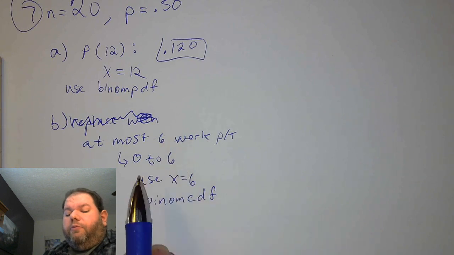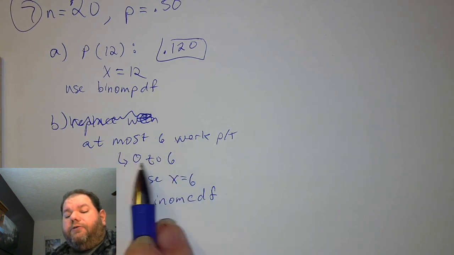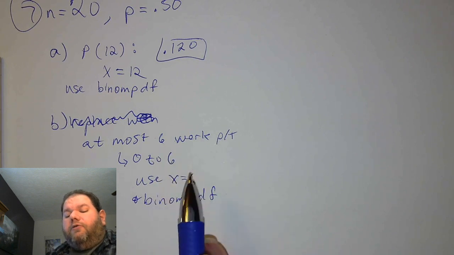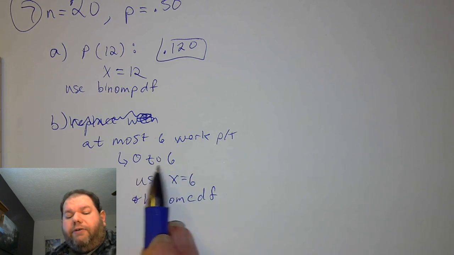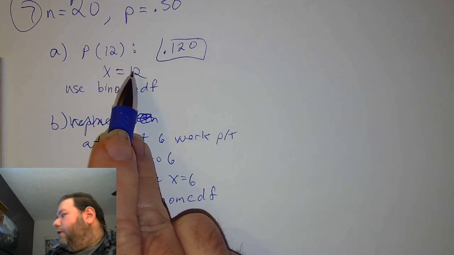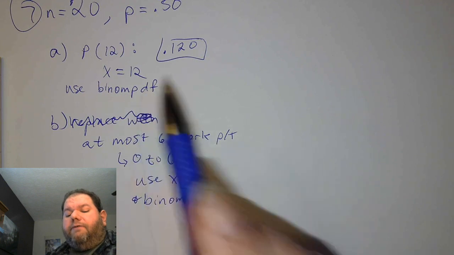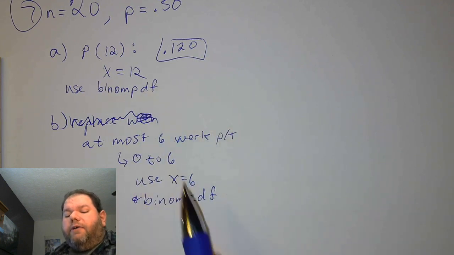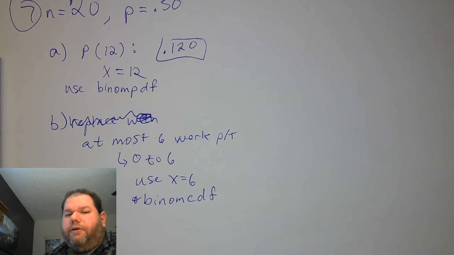So when we say at most 6, it means 0 to 6. Whatever this last number is, 0 to whatever, that number is what we use for x. And because we have a range of values rather than a single value like we had here, a single value uses binomial PDF. A range of values uses binomial CDF. That way we can get the correct value here.